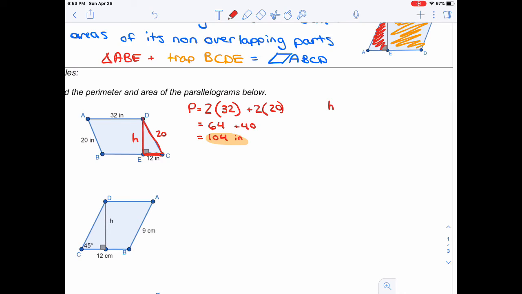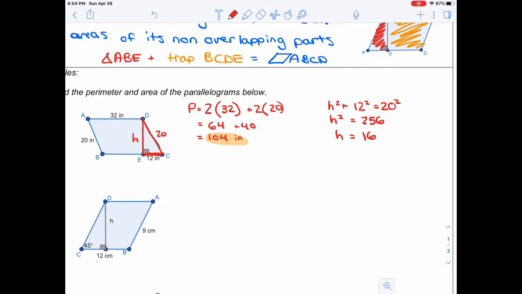So we'll have h squared plus 12 squared is going to equal our hypotenuse squared. If we simplify that out, we should get h squared is equal to 400 minus 144, which is 256. I'm jumping a few steps. And then our h, if we take the square root, we should get 16.